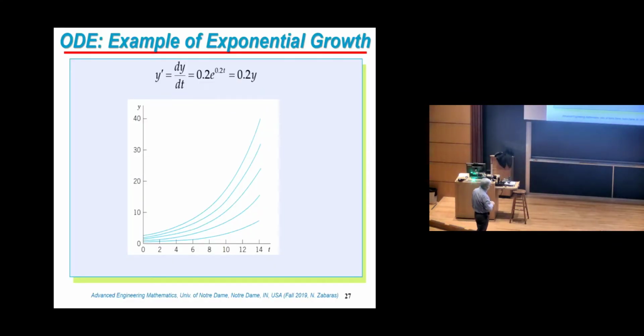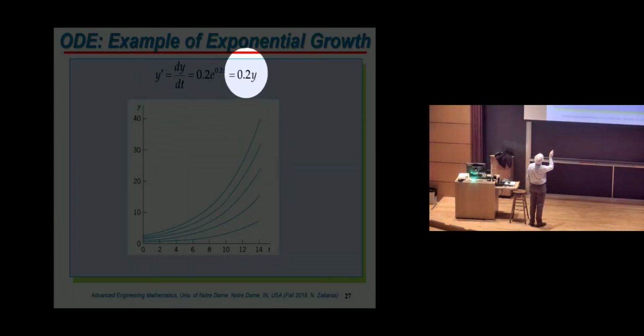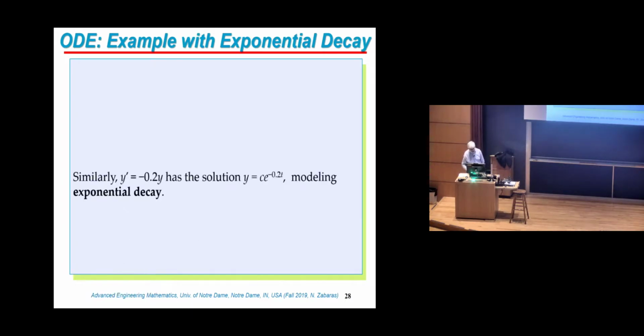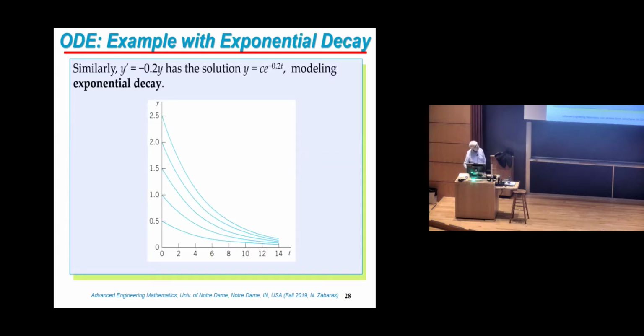Okay, and these are different solutions starting from different initial conditions. So this is pure exponential growth, and the differential equation is very simple. y prime equals 0.2 y, or generally speaking, y prime equals some constant times y, where that constant is positive. On the next slide, you have an exponential decay.